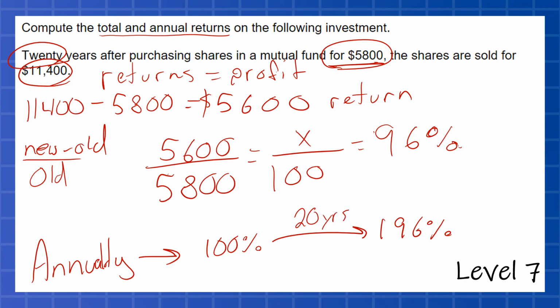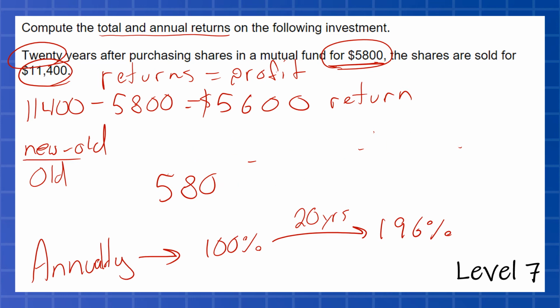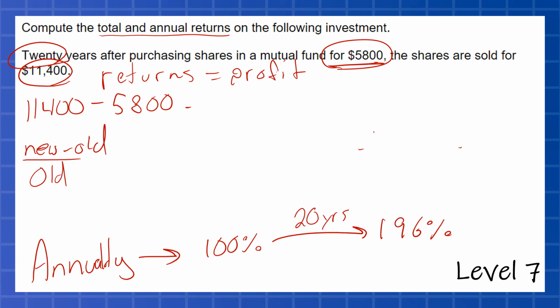And so the way we're going to calculate this is we're going to say in decimal form. I'm going to clean up just a little bit so I have plenty of room to work here. We're going to say we got 1.96 as our result after 20 years.